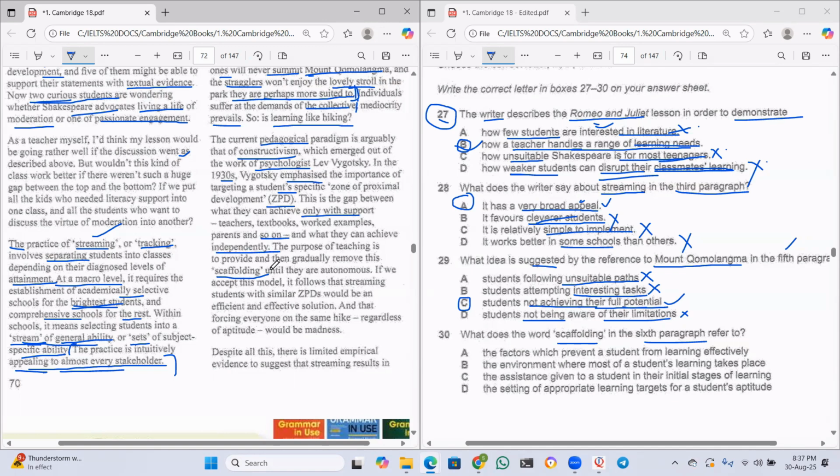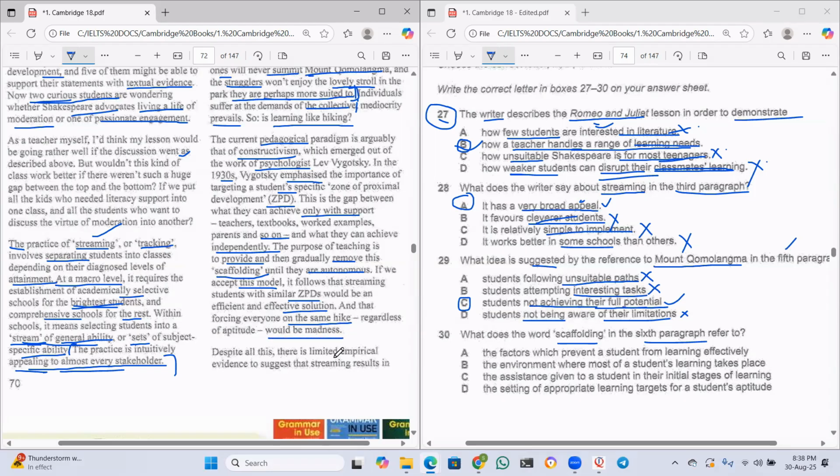The purpose of teaching is to provide and then gradually remove the scaffolding until they are autonomous. If we accept this model, it follows that streaming students with similar ZPDs would be an efficient and effective solution, and that forcing everyone onto the same hike, regardless of aptitude, would be madness.